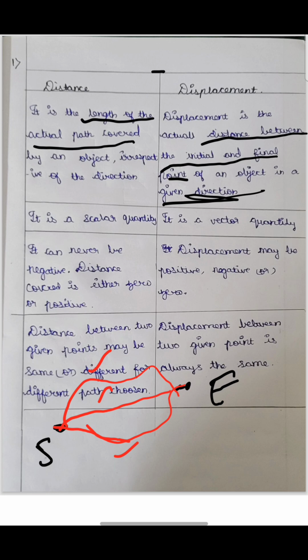We can also say displacement is the shortest distance between the starting point and ending point. So here, of the number of paths that can connect them, the one which has the shortest distance will be the displacement. So displacement can be only in a given direction. It depends on a direction.